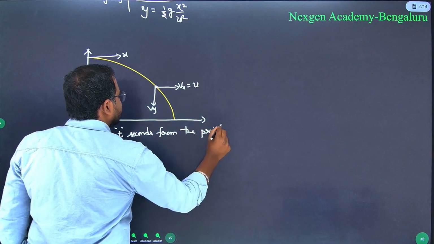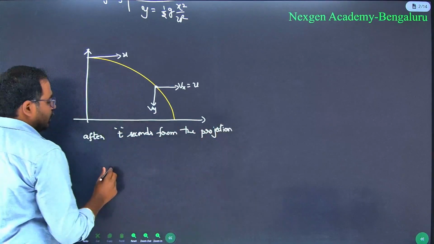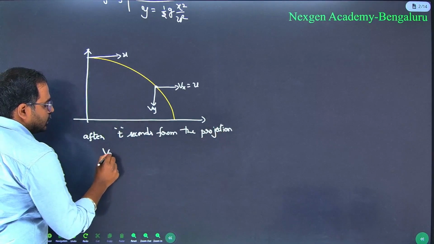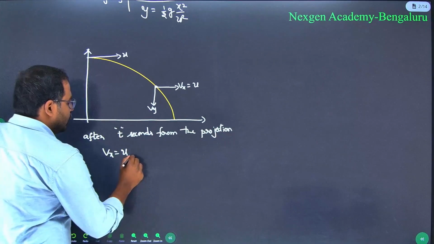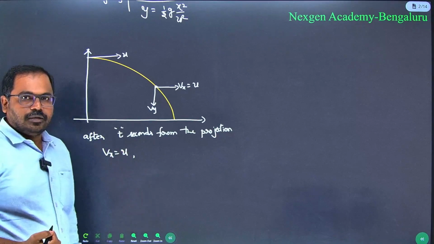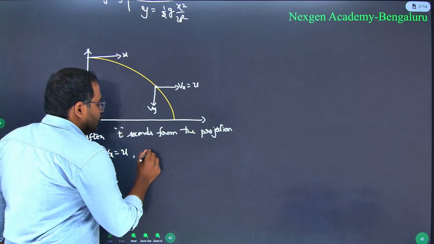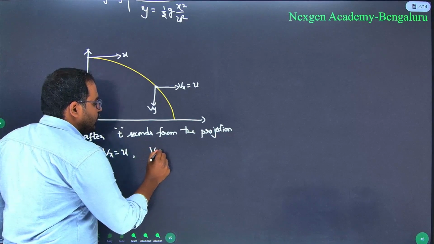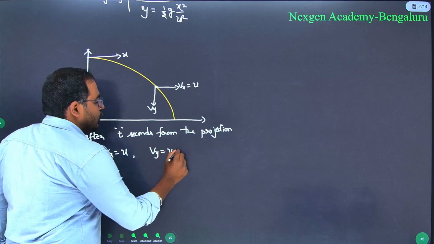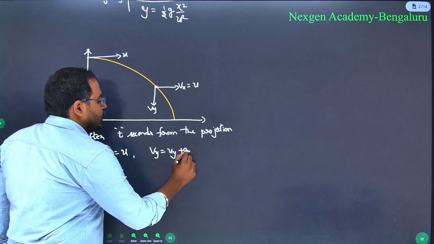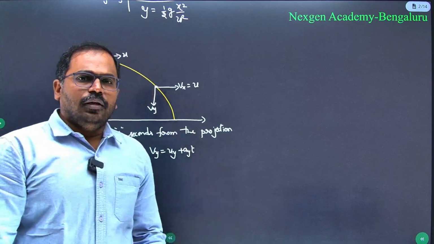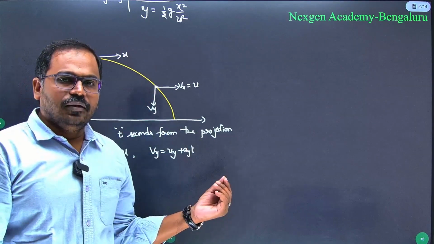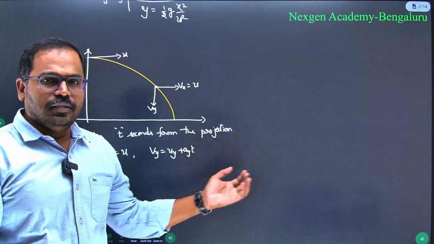Okay then. Now, after t seconds from the projection, what will be the velocity? So here, as I told you, Vx is equal to u, no changes in the horizontal component. When it comes to vertical component Vy, we have to find Vy is equal to Uy plus Ay into t. Now, in this context, initial velocity is 0, already we have seen in vertical direction. Acceleration is equal to g.